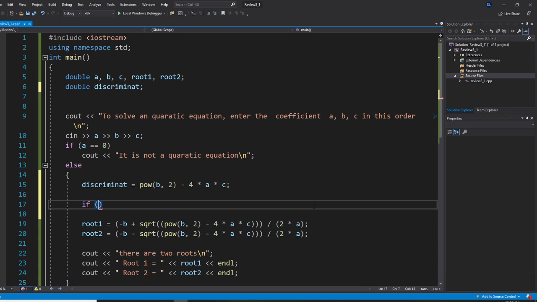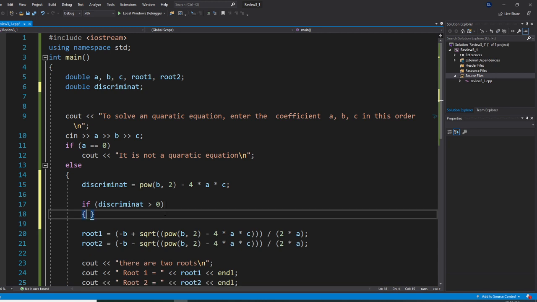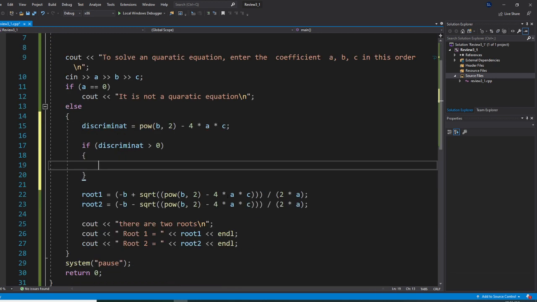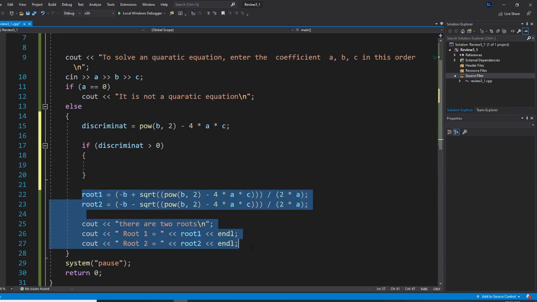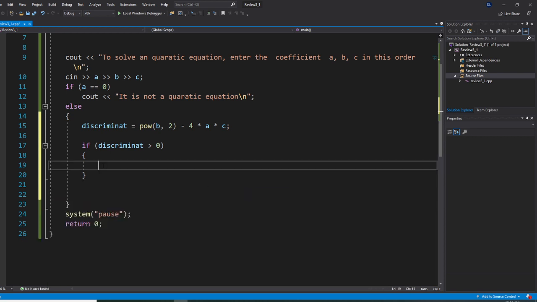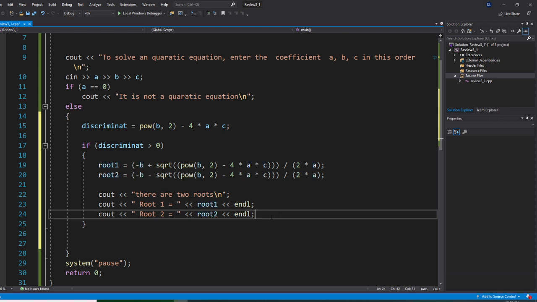So I'm going to say this: if my discriminant is greater than 0, I have two roots. I'm going to copy this down, put all of it here right now, Control X. Then if it equals 0, I have one root.